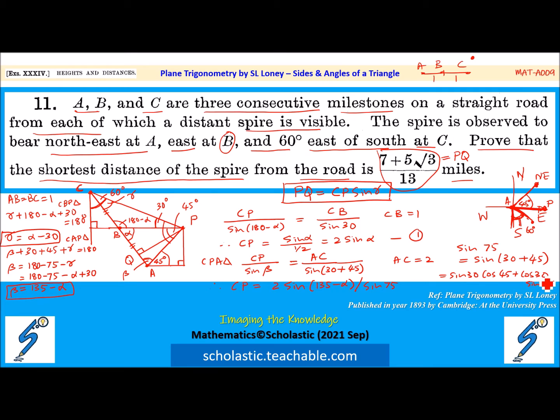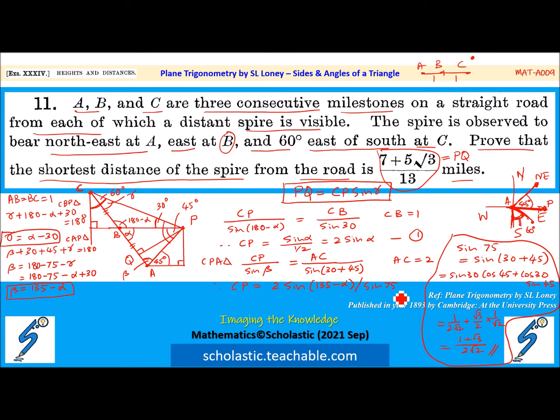We can simplify this: sine 30 is half, times 1 over root 2, plus root 3 by 2 times 1 over root 2, which gives us 1 plus root 3 over 2 root 2. This is sine 75.